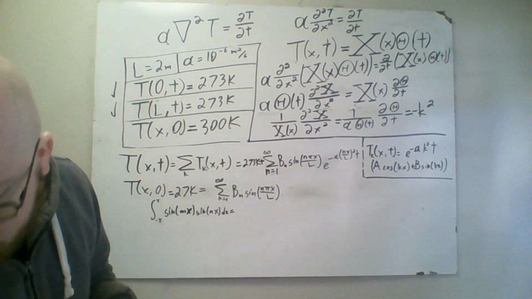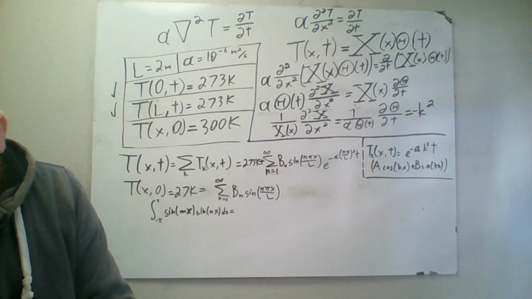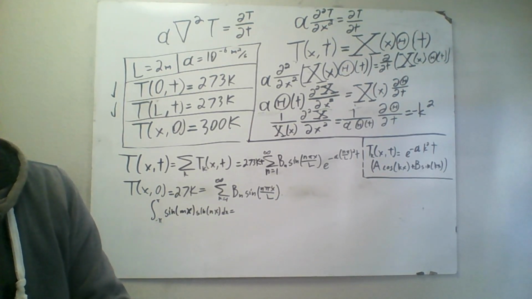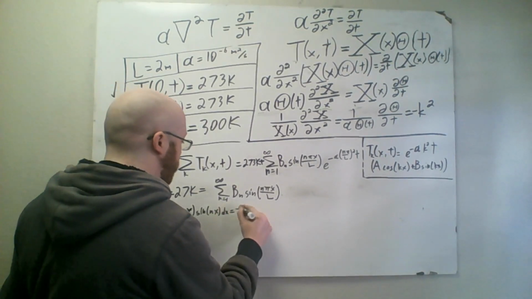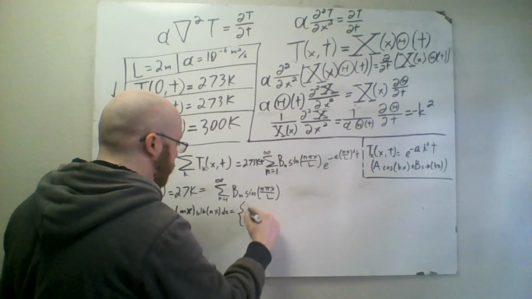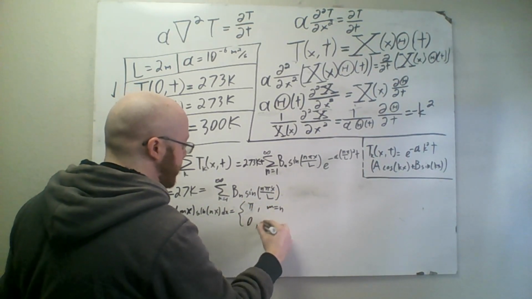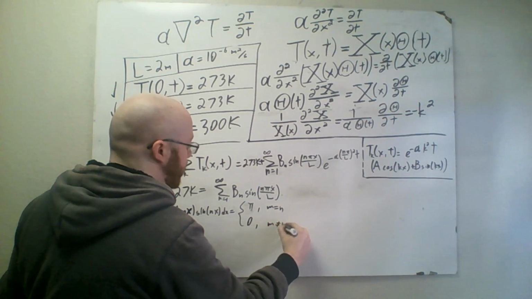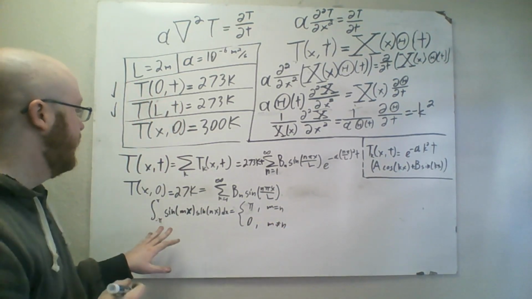This is equal to pi if m equals n, and it's equal to 0 if m does not equal n. There are similar identities for cosines.